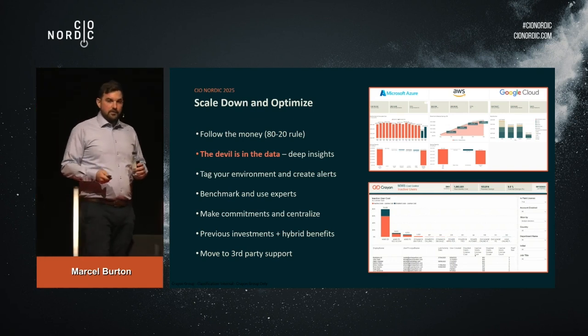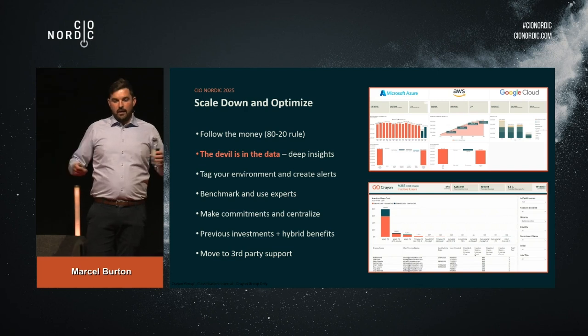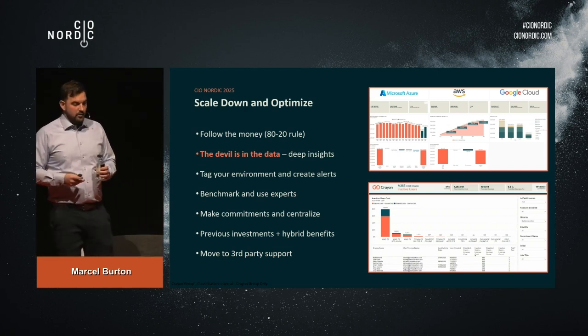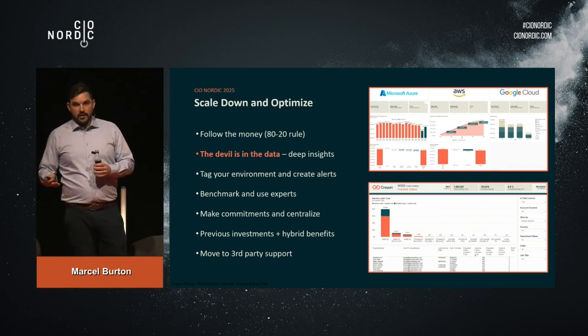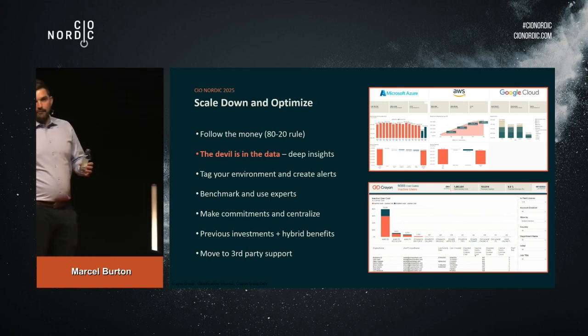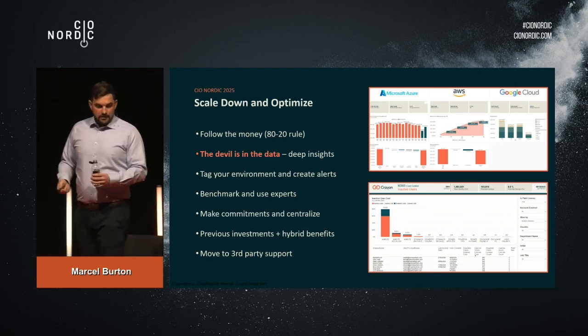Benchmarking and using experts. Like I said when I introduced Crayon, we are a reseller, and that's a benefit. It means we have a really good insight into what different customers, maybe your peers, are paying for the technology. So you can reach out to us, get a benchmark on your pricing, and we can inform you whether it's competitive or not. You can also benchmark technologies.